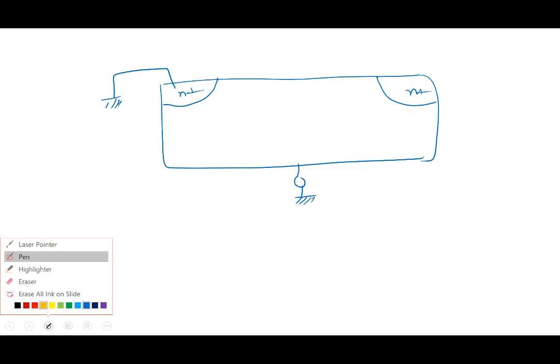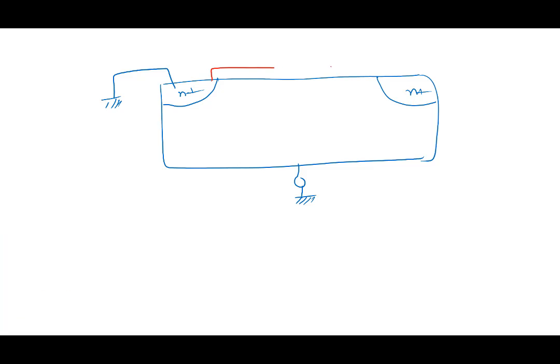The next thing is, what happens in the MOSFET here? Let's put this to ground, and let's create the oxide here, and let's create the metal.